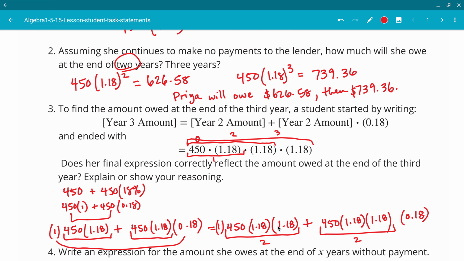So now I have the same thing here and here, so I can factor it out, and then I can add the 1 and the 0.18. That means we're going to have 450 times 1.18 times 1.18, and then the 1 plus the 0.18 gives me another 1.18, and now we get the expression right there.